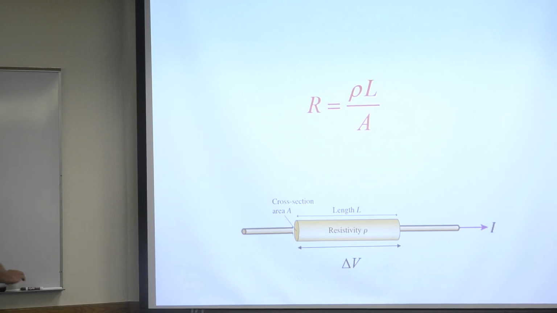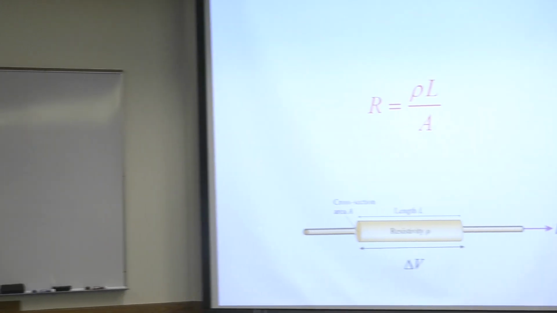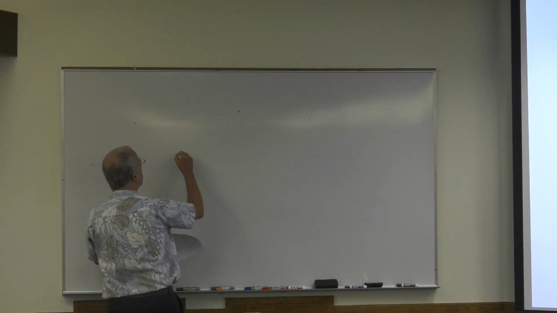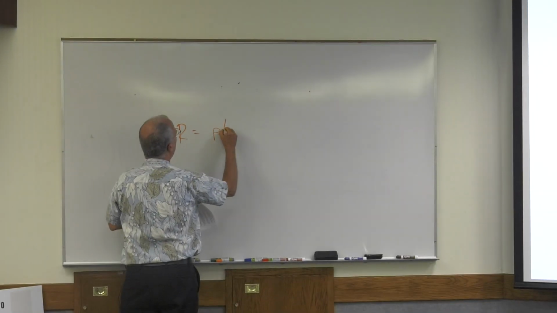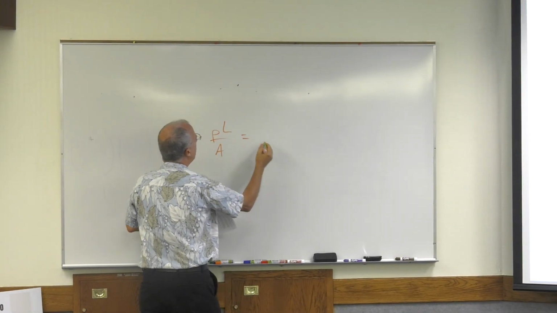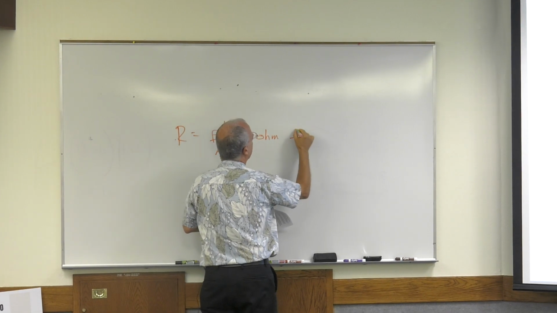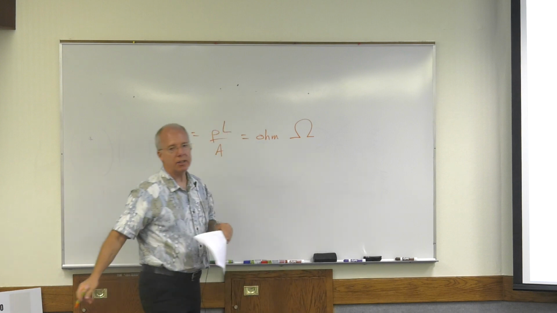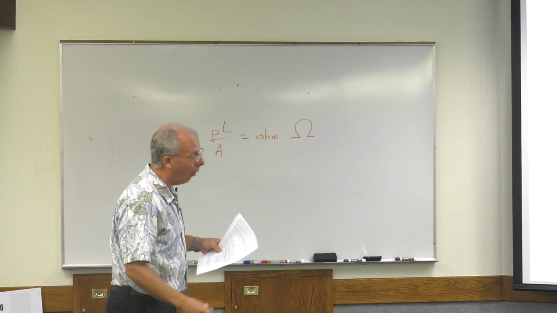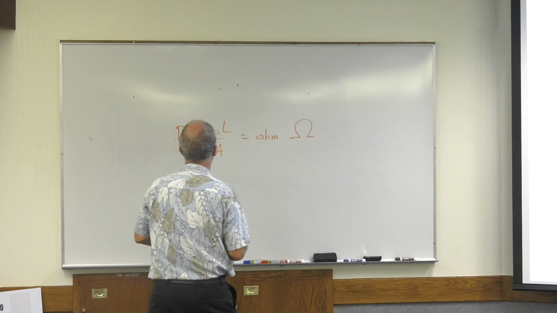Now let's look at the units. So we have resistance, rho L over A. The unit is ohms. It's an uppercase Greek omega. Now let's play around.